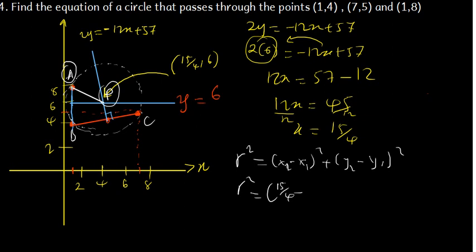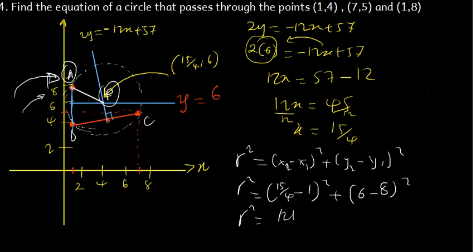The x1 is coming from the point A. The value for x there is 1, squared, and then plus y2, which is 6, minus y1, which is coming from here, that is 8, squared. So that will give us r squared being equal to 15 over 4 minus 1, and then squaring that answer we get 121 over 16, and then plus 6 minus 8 is a negative 2, negative 2 squared is 4.